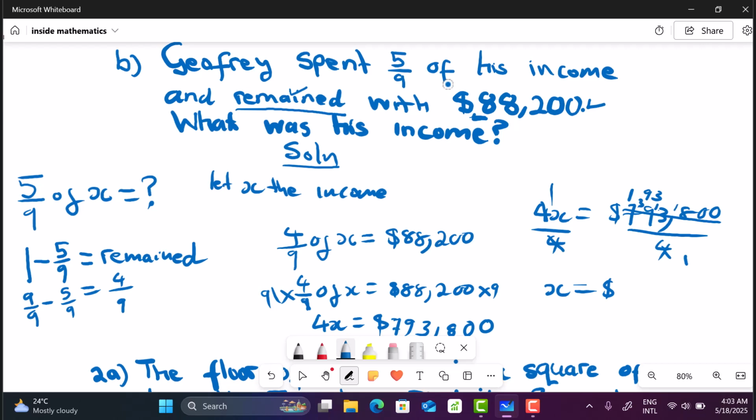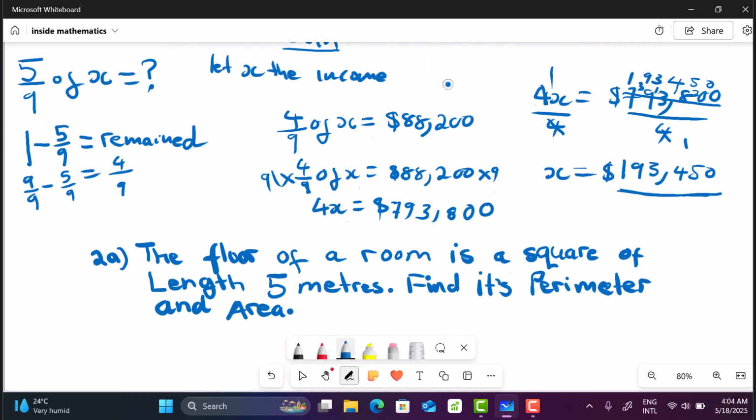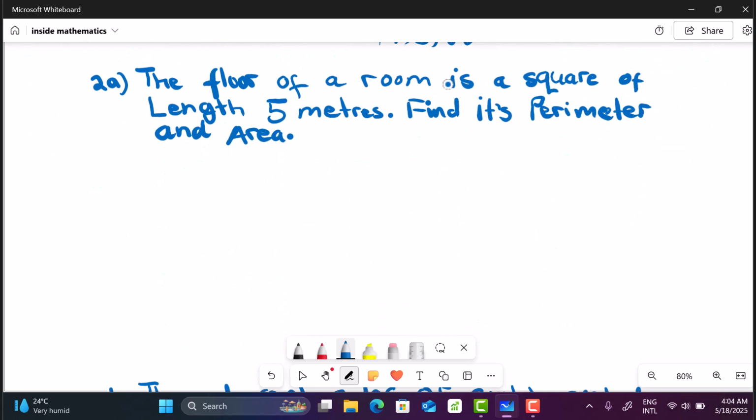It is nothing but 4. Here we're going to get a remainder 2 into 20. It's 5, then 0. So we get nothing but $193,450. So this is the income, or the value of x, and I want you to solve for 2a.